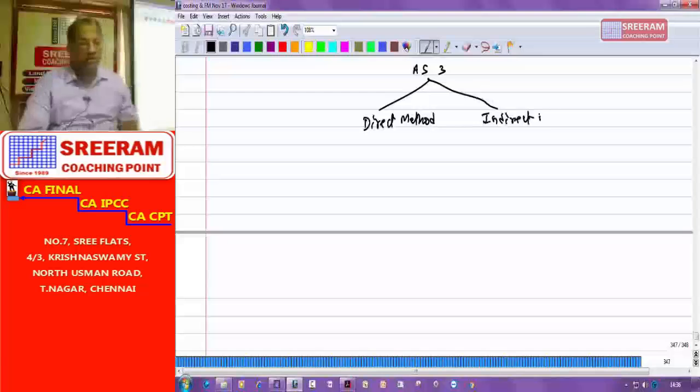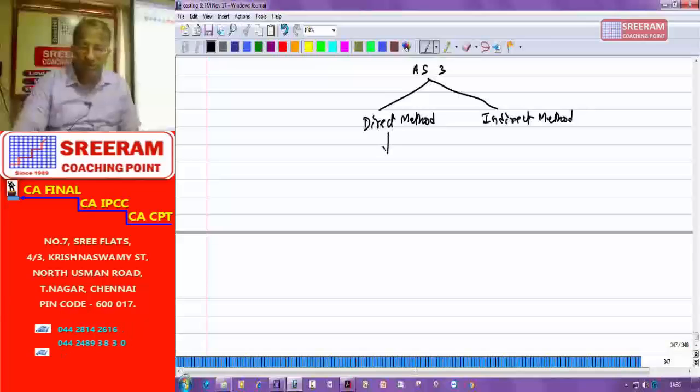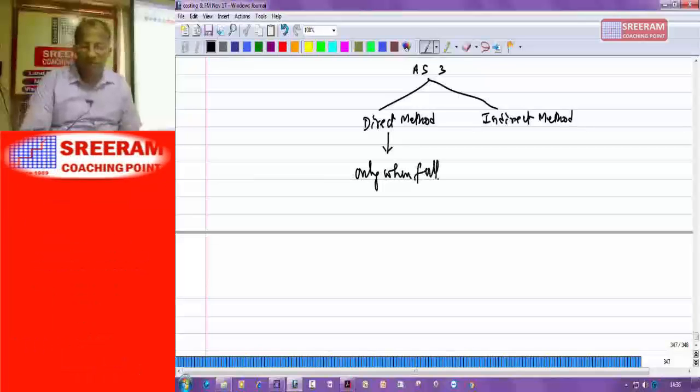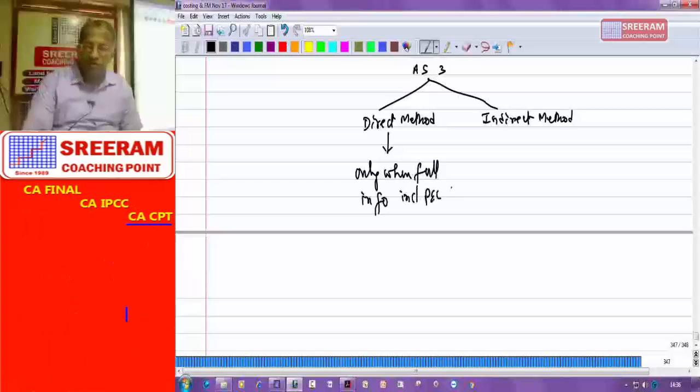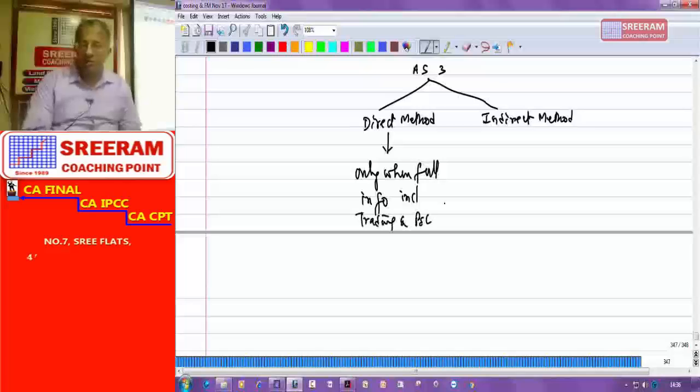This can be used only when full information is given, including P&L account, trading P&L account. Only when full information including trading and P&L account are provided.